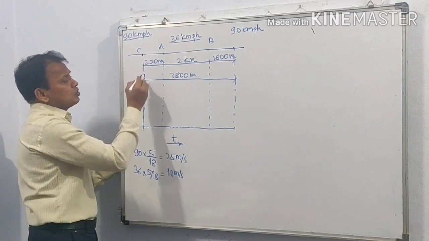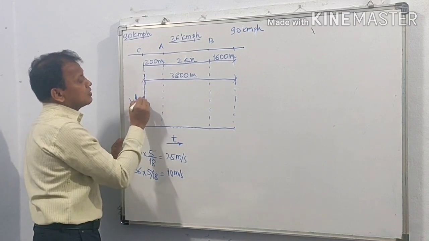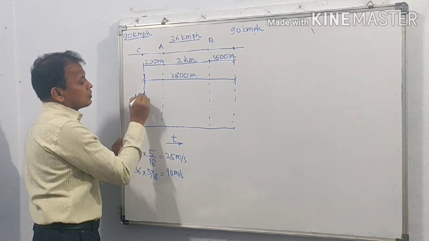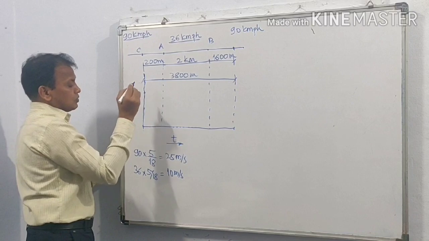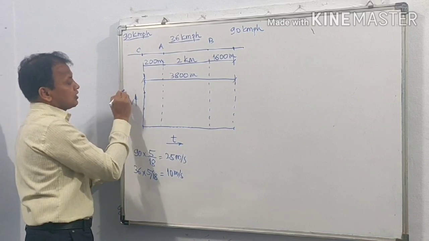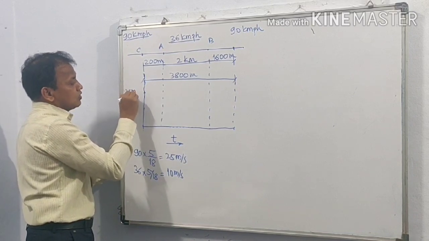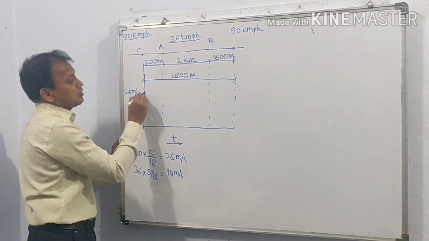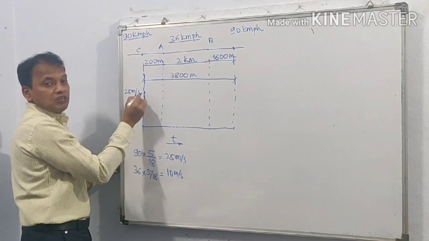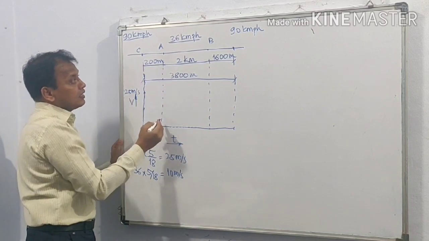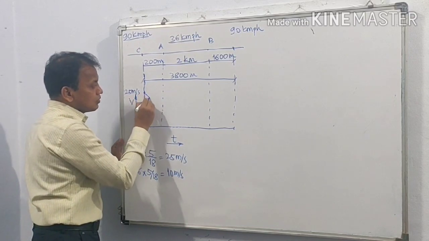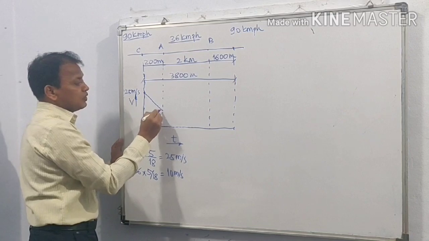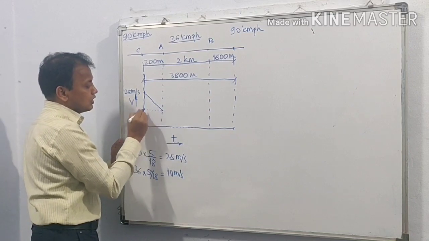So let us show this velocity here, that is 25 meter per second. At C, velocity was 25 meter per second. At A, velocity is 10 meter per second. So it is reducing from 25 to 10.